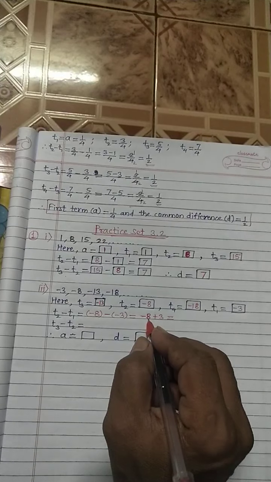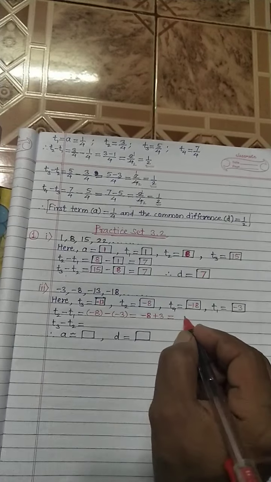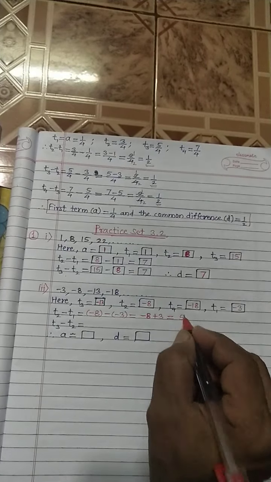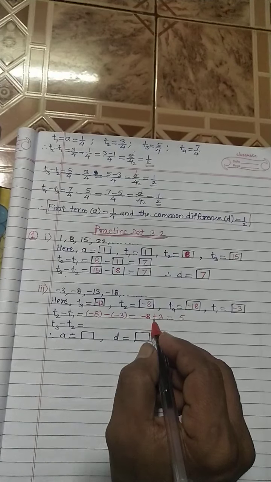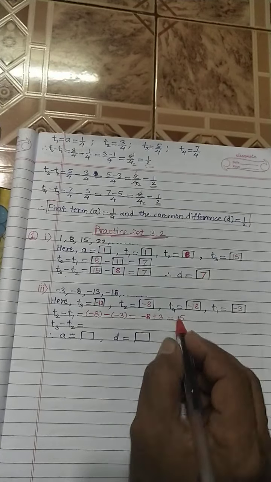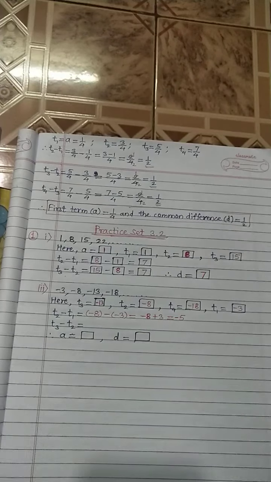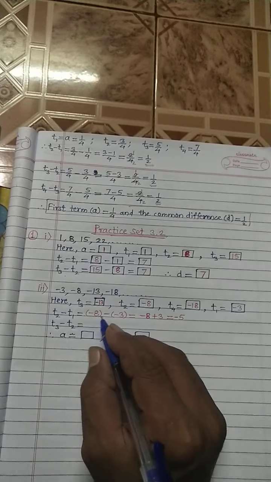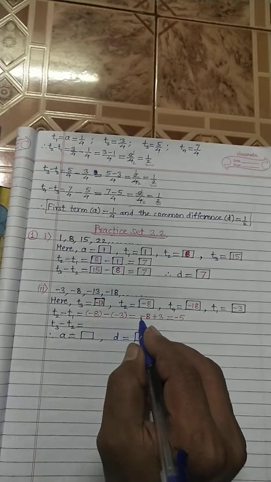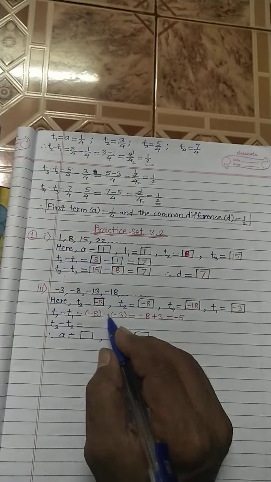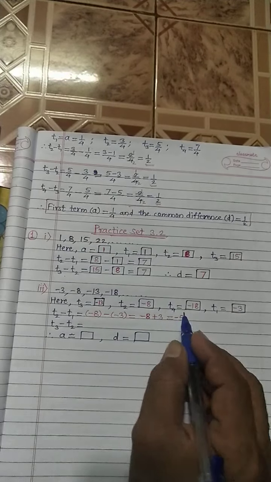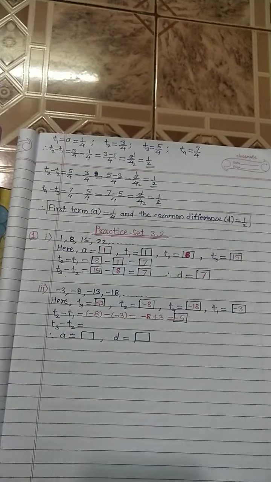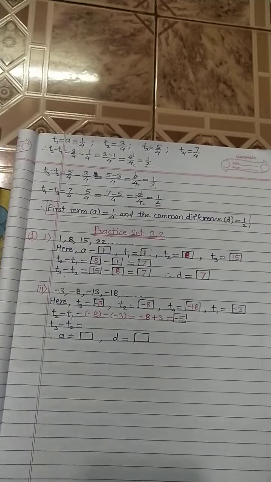The bigger number is 8, the smaller number is 3. So 8 minus 3 is 5, and the sign of the bigger number 8 is minus. So the answer is minus 5. So T2 minus T1 is equal to minus 5.